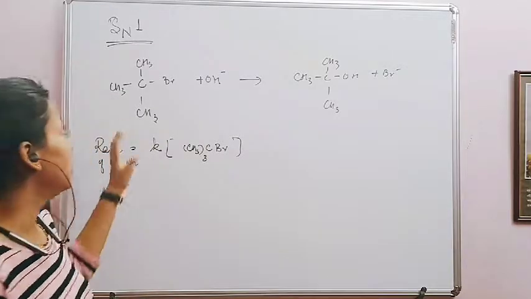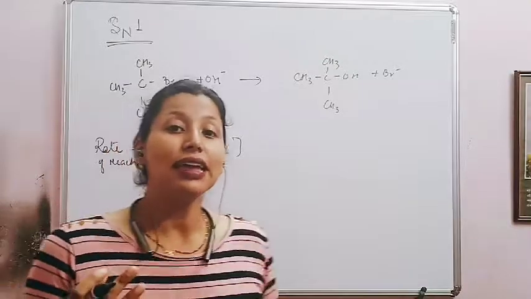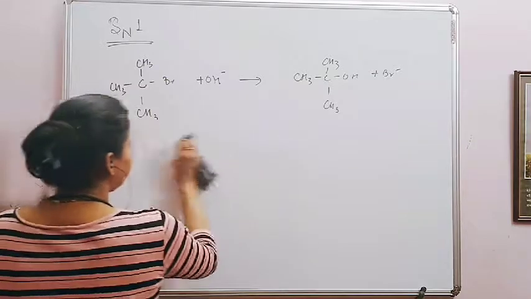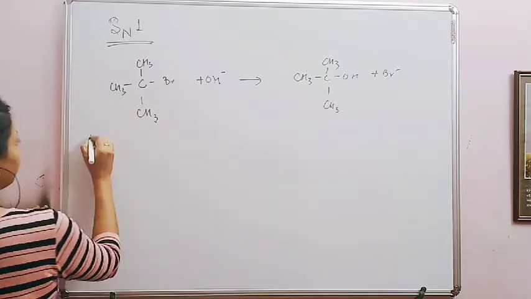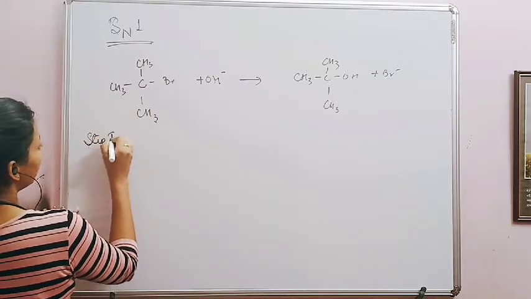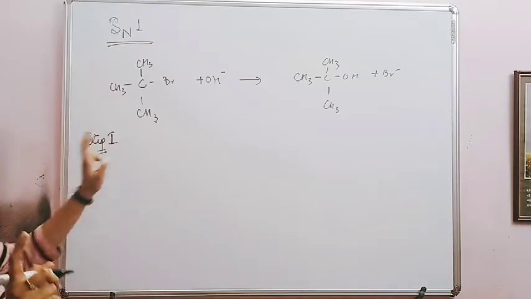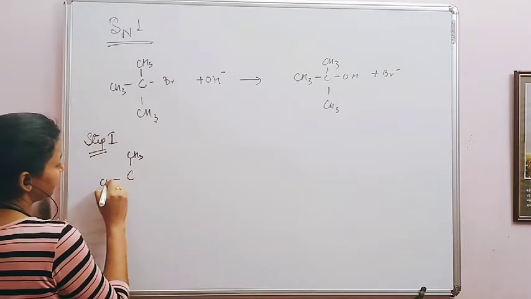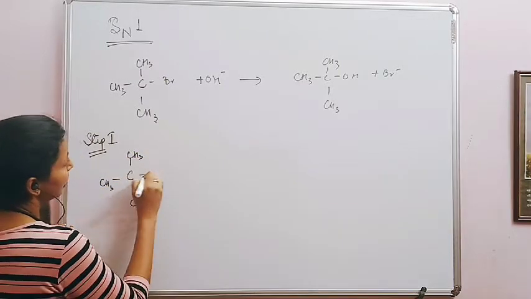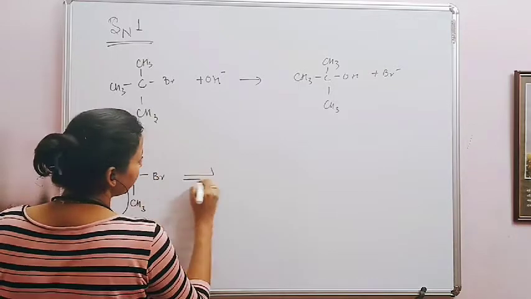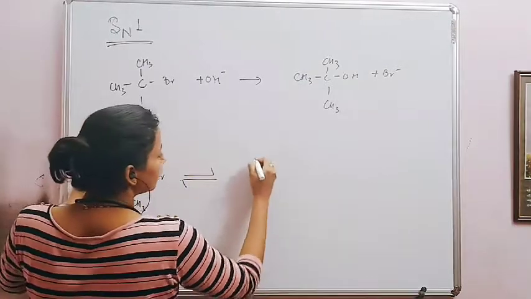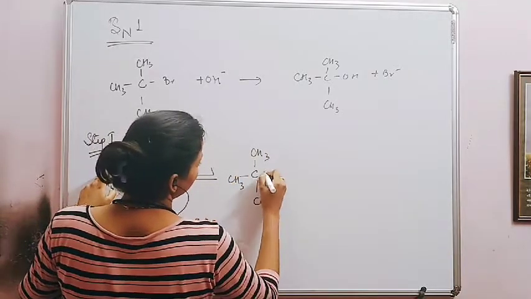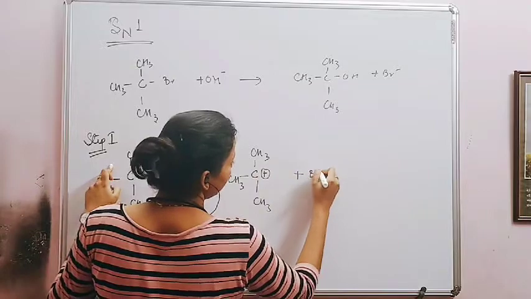Now, interestingly, SN1 reactions proceed in two steps. Let's see how. In step 1, we start with the alkyl halide and it forms the carbocation plus Br minus.